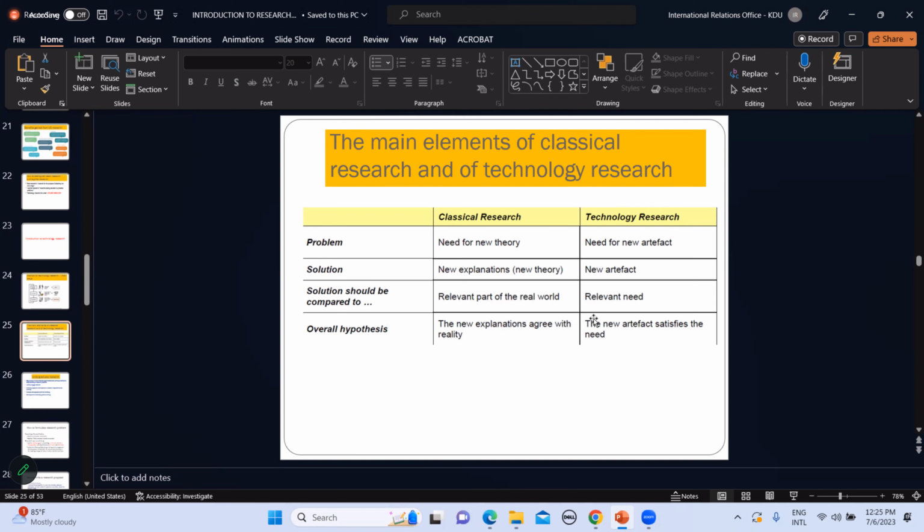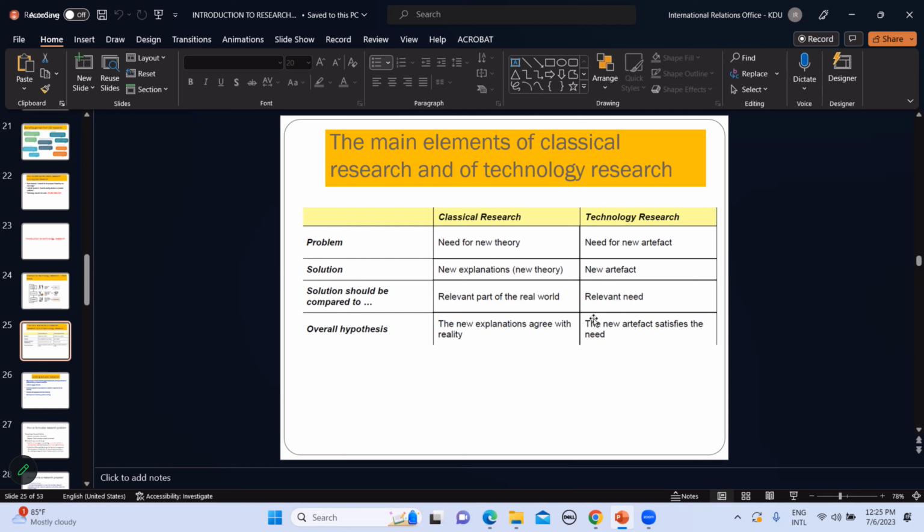But if you modify the existing inhalator, then the distribution of medicine will be easier in your nostril system. That is called the artifact, students. That is technology research, the biomedical research. I don't know ICT, right? Now you understand the meaning. Solution: new theory. In the technology: new artifact.